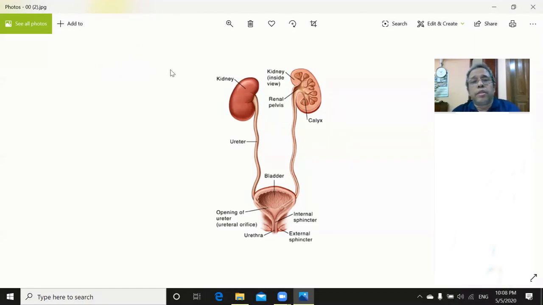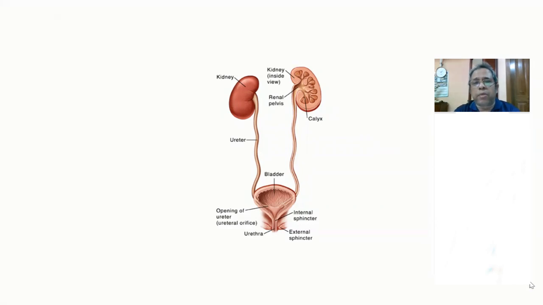Both the kidneys lie in the abdominal cavity near the posterior wall. The anatomical position of the kidney, everybody must remember, otherwise you cannot correlate the physiology and pathology.